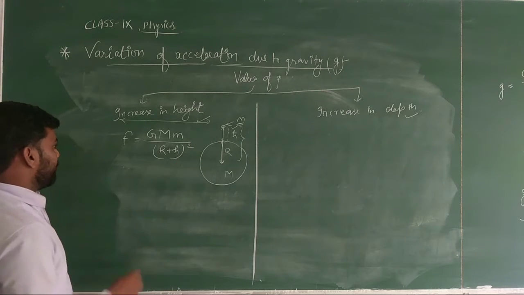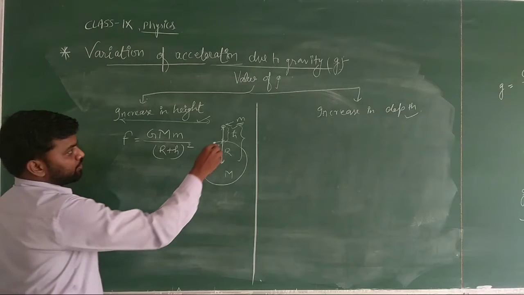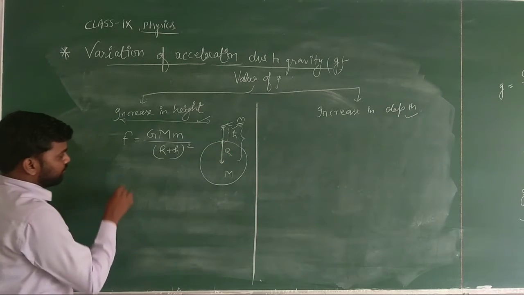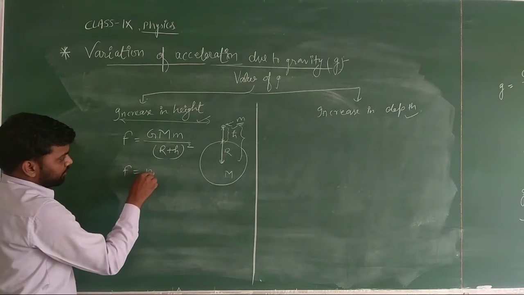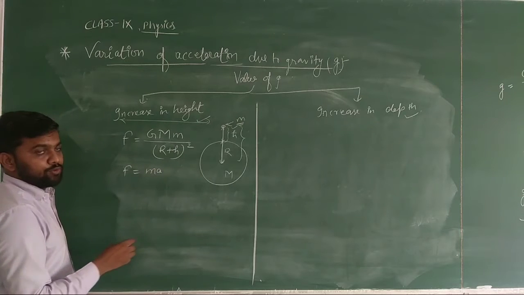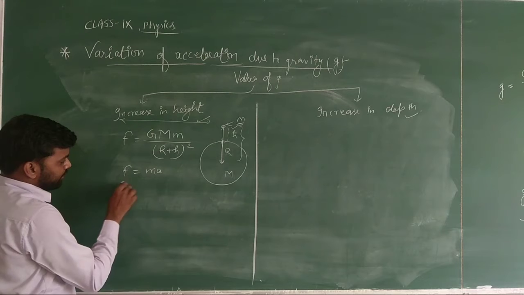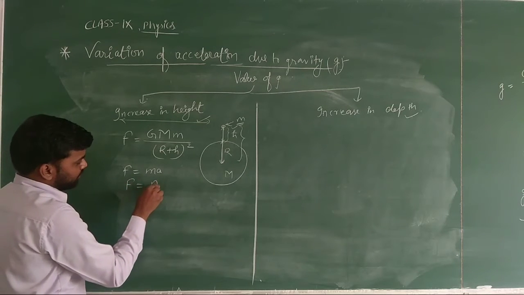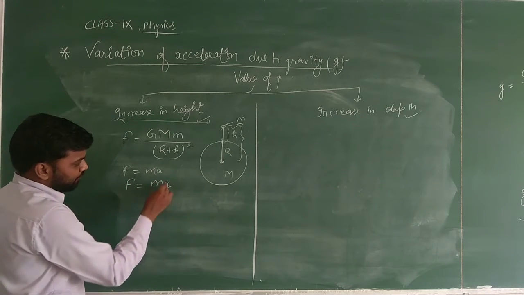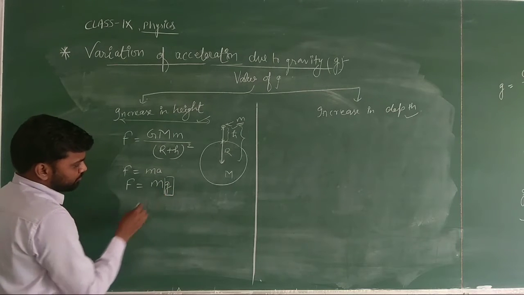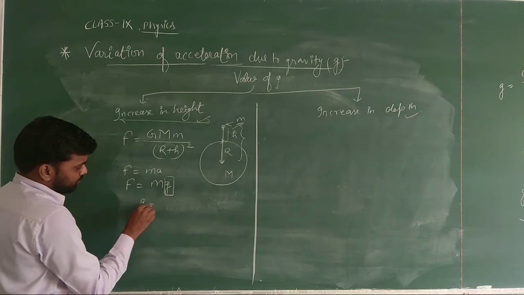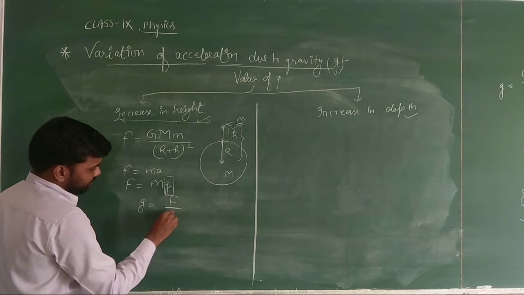Now if we go along Newton's second law, we know F equal to ma, but we need to calculate the acceleration due to this height. So here we can write F equal to mg. Now the value of small g will be g equal to F upon m.